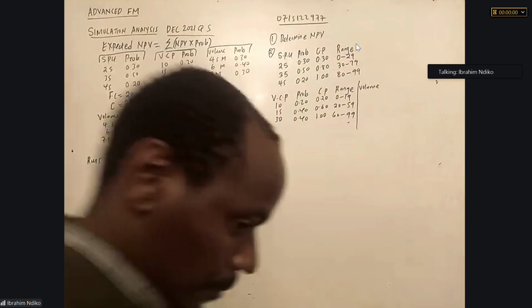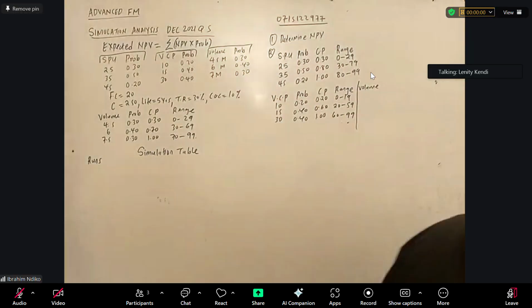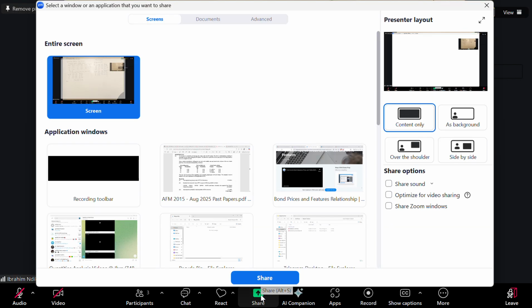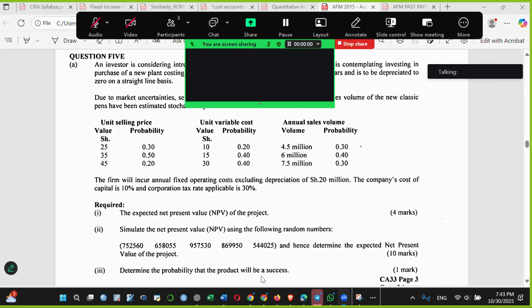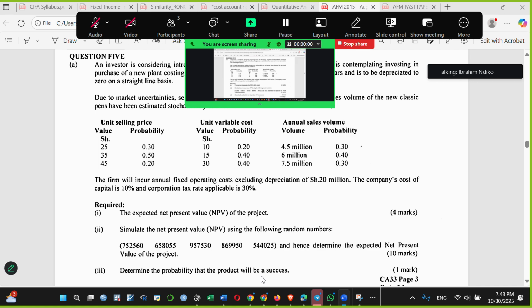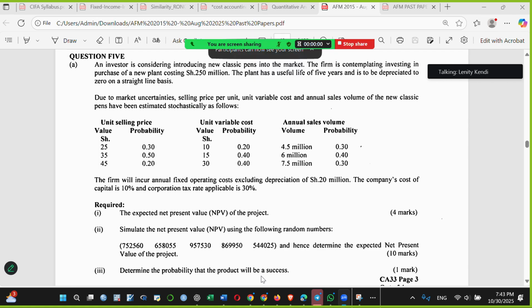Unasemaje? Hizo runs ziko wapi? Ni hapa on the required, question 2. Unaangalia, hebu check, kuna some figures umepewa. Those figures represent our random runs.